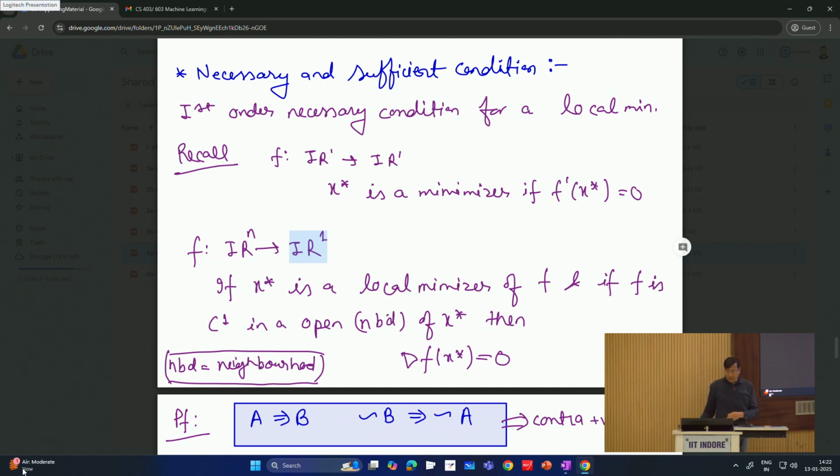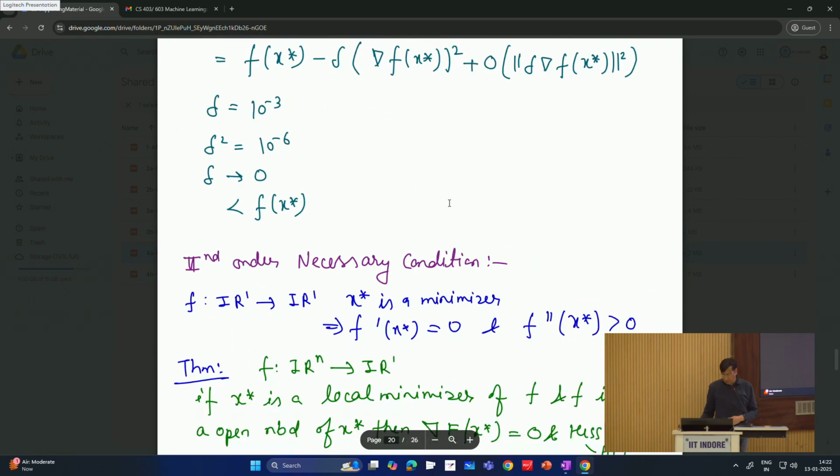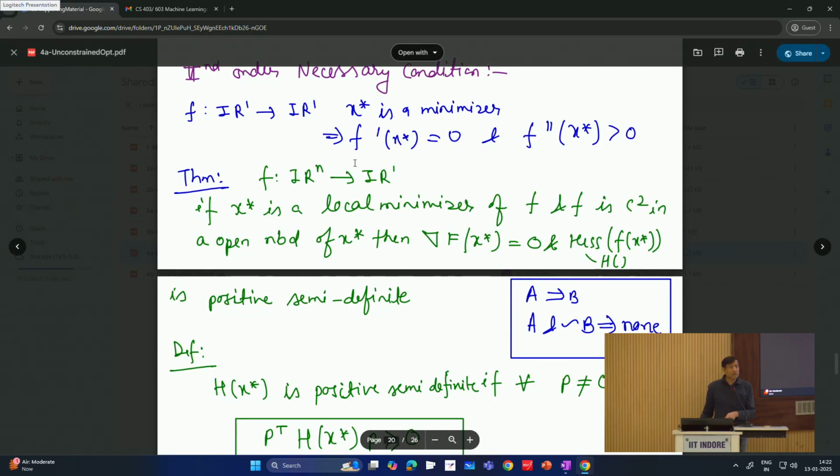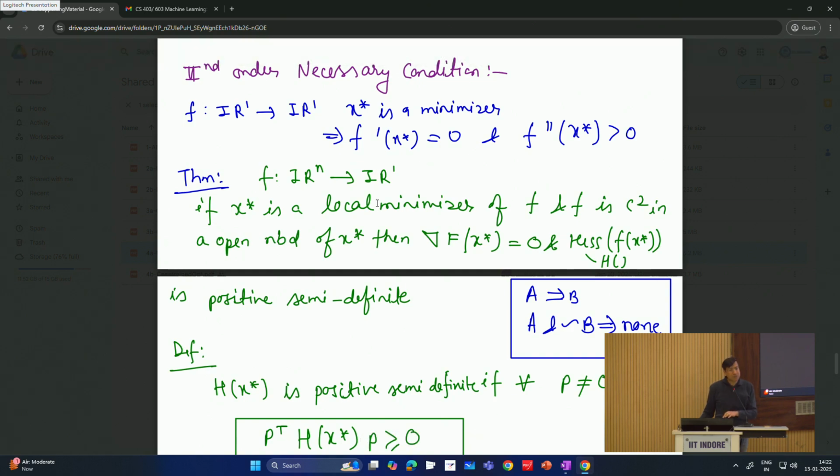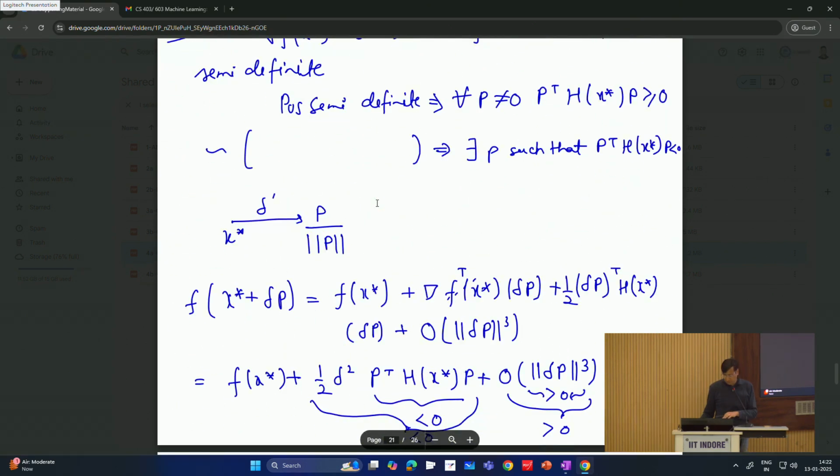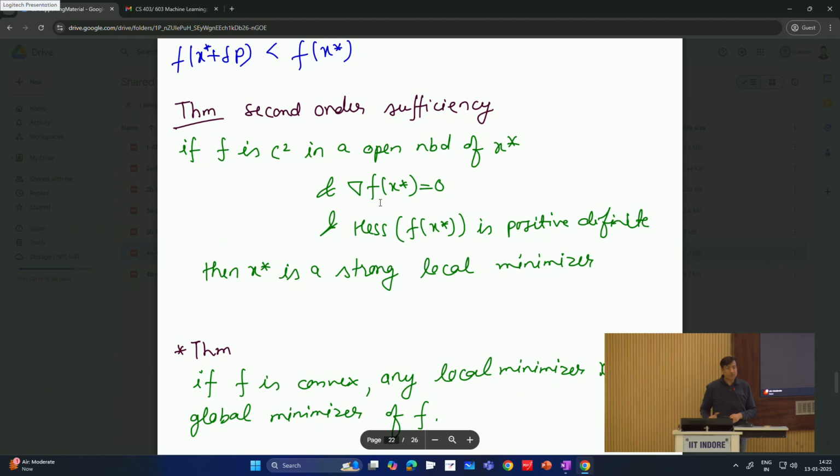Similarly, there is a second order necessary condition, which I will skip because what we are after is the sufficiency condition. So I'm going to the second order sufficiency. The second order sufficiency says, ignore that, f is C2 in an open neighborhood of x star. This is a mathematical reason why we do it, and I tell my computer science students you can ignore it for the moment for the machine learning class.